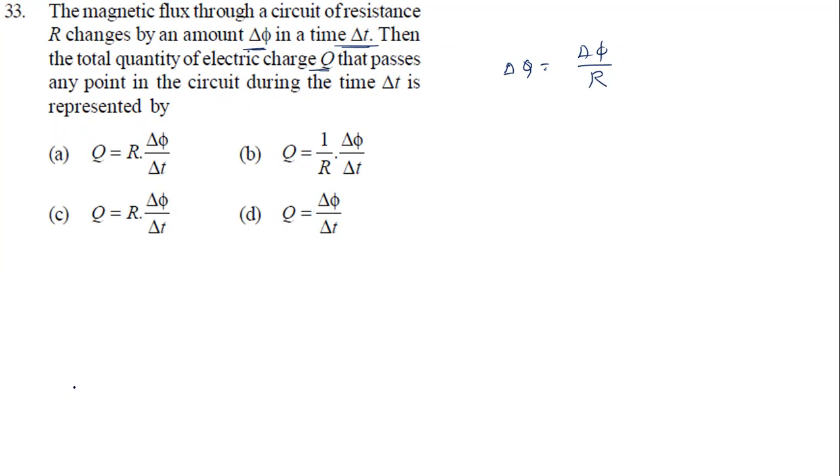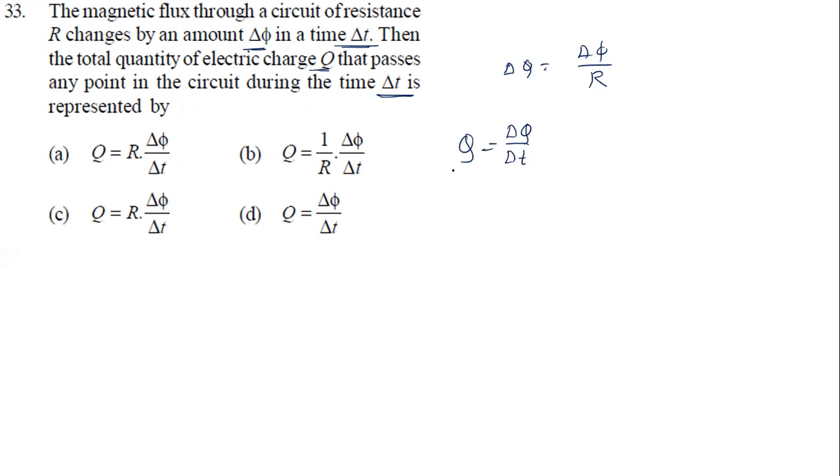Here they are asking in a given time. So I should divide it by time. The total quantity of charge Q that passes any point in the circuit during delta t, so I can take delta Q by delta t.